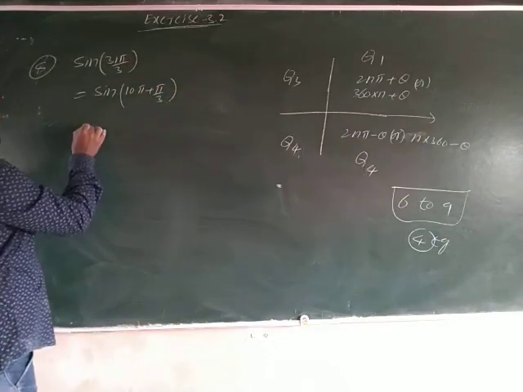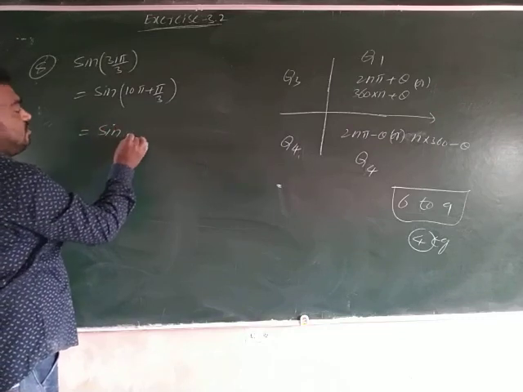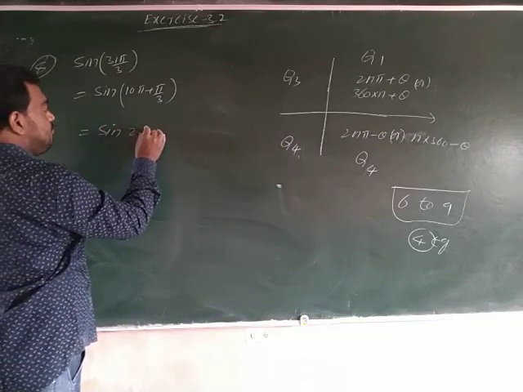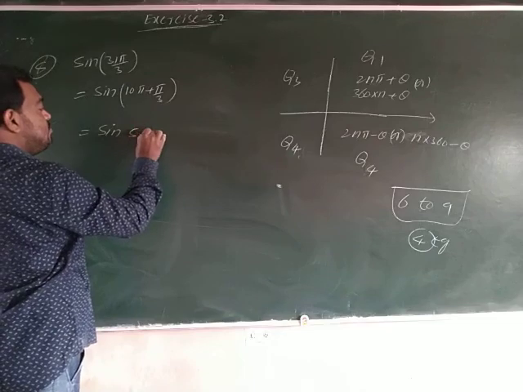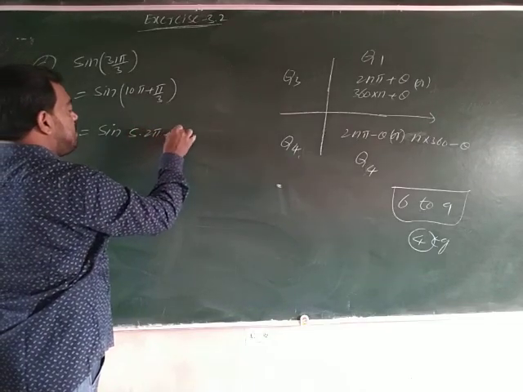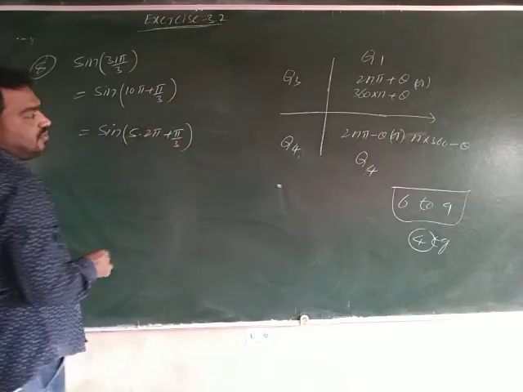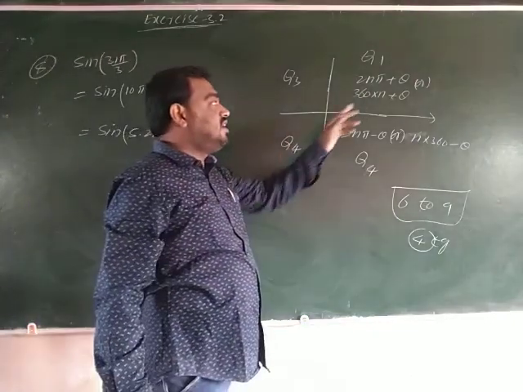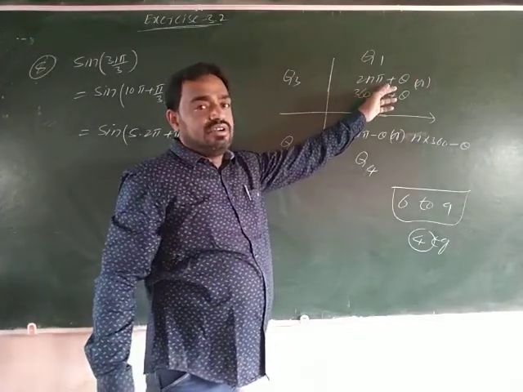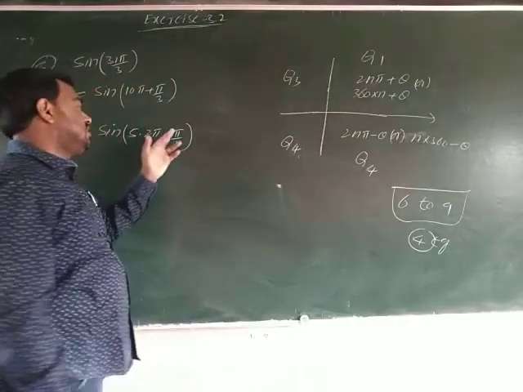This is equal to sine of 5 into 2 pi plus pi by 3. It is in the form of n into 2 pi plus theta.